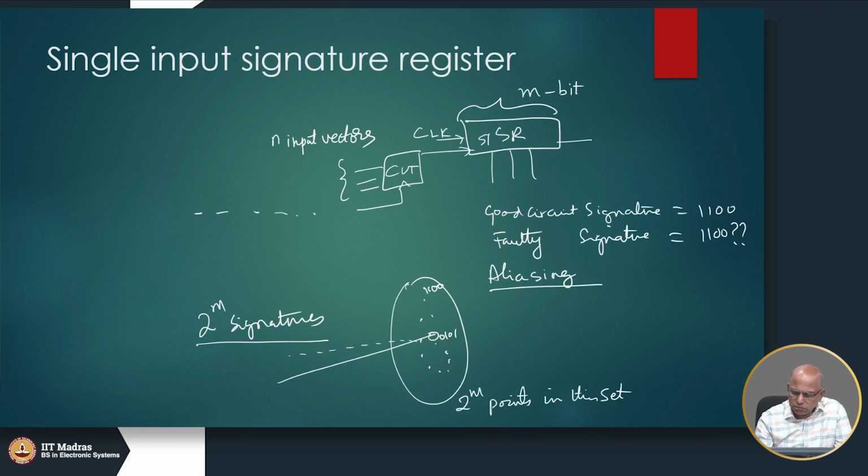You will possibly agree that if m is large, then the chance of such a thing happening is very low. The probability of aliasing is low.